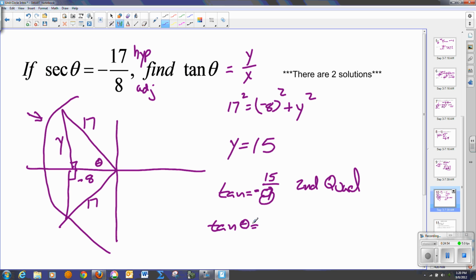But my tangent value of theta could also equal a positive 15 over 8, because I actually have two negatives. Notice, positive 15, negative 8, negative 15, negative 8.